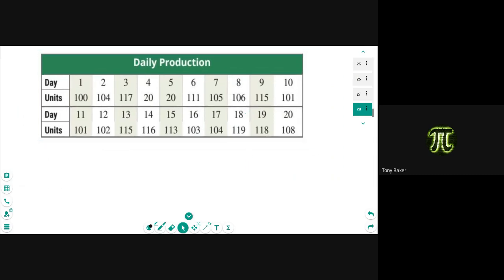Find me the mean, median, and mode of those 20 numbers. You're looking at the units, not the days.